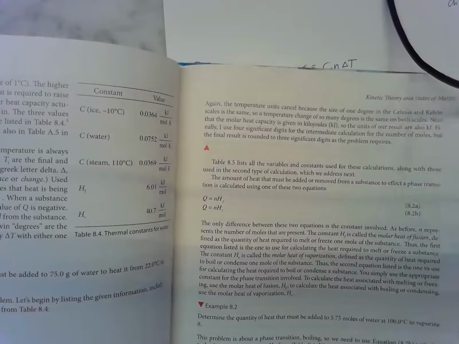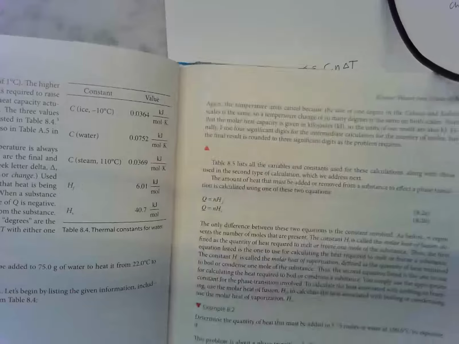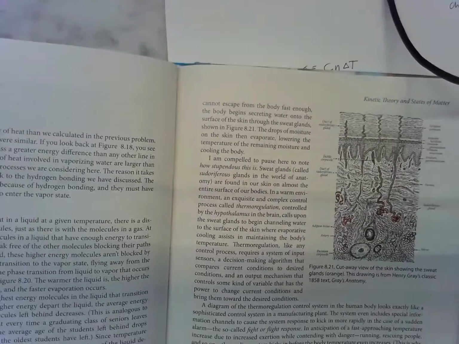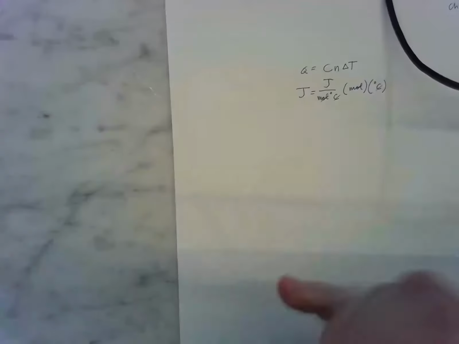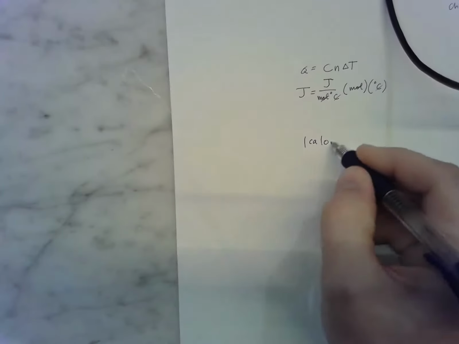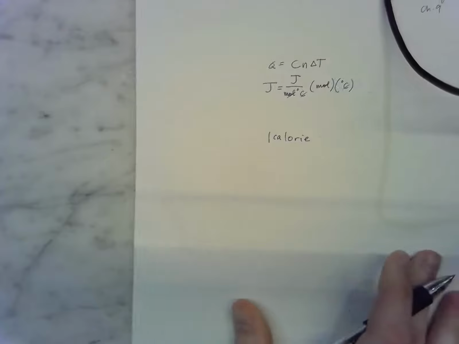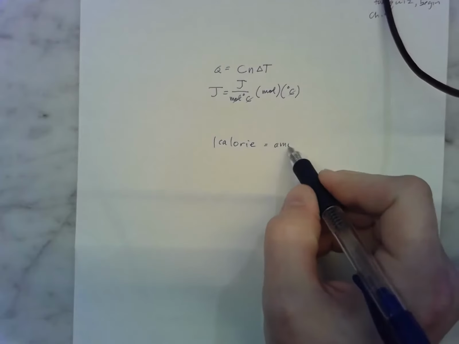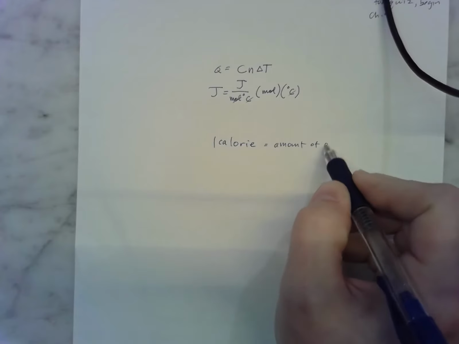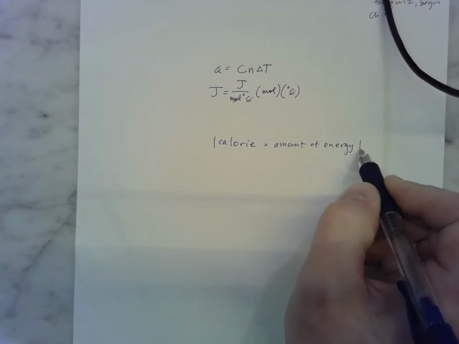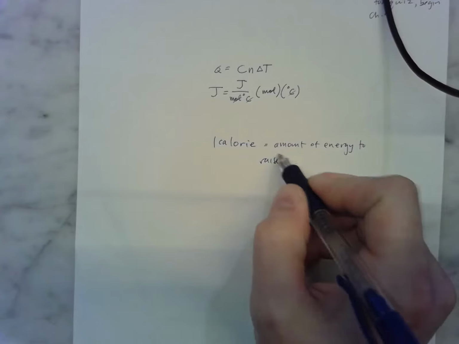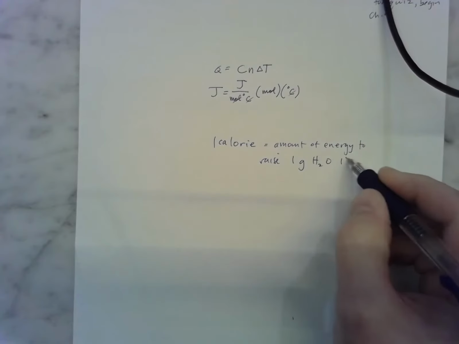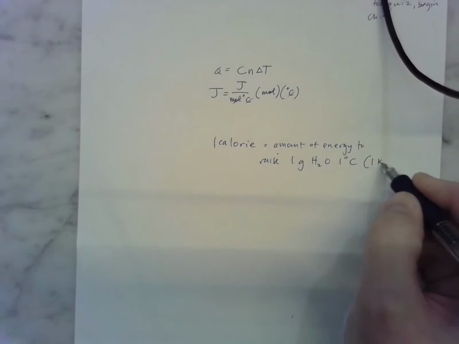All right. And also, I just want to note that a calorie, okay, is the amount of energy to raise 1 gram of water 1 degree C, or 1 Kelvin.